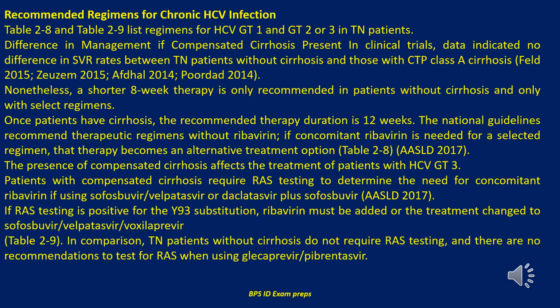If RAS testing is positive for the Y93 substitution, ribavirin must be added or the treatment changed to sofosbuvir plus velpatasvir plus voxilaprevir, as shown in Table 2-9. In comparison, treatment-naive patients without cirrhosis do not require RAS testing, and there are no recommendations to test for RAS when using glecaprevir plus pibrentasvir.